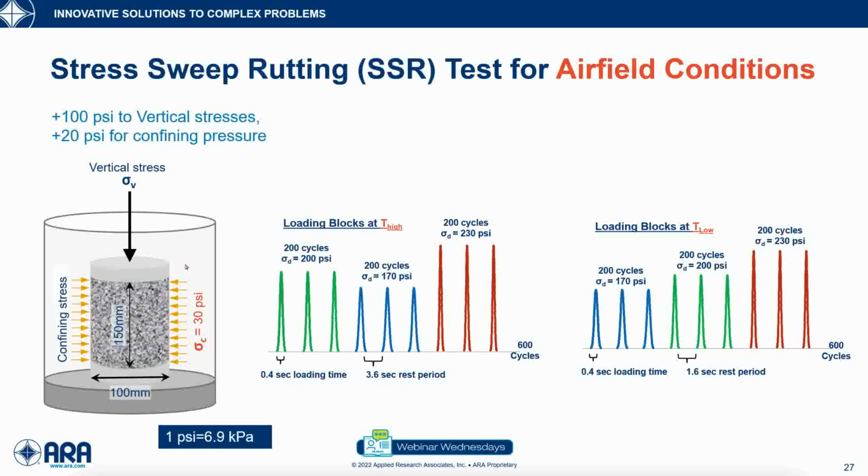Now, for airfield conditions, aircraft tire pressure is higher and the load is heavier. So instead of the typical load we just saw, we increase the vertical stress by 100 psi and the confining pressure by 20 psi, and we repeat the SSR test.